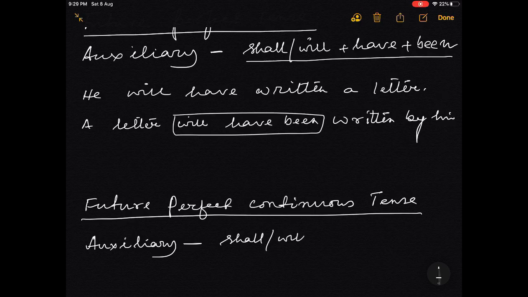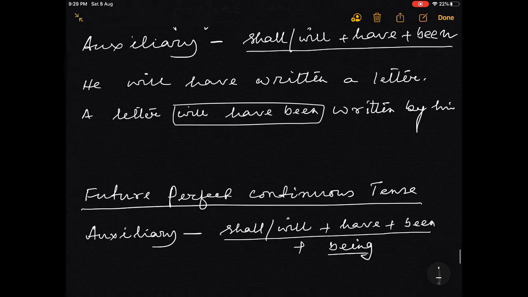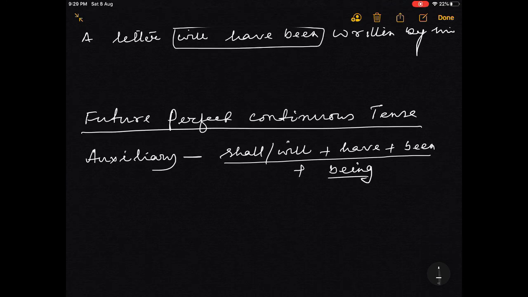Shall, will plus have plus been plus being. Though it is not used in this way in the practical case, for the sake of the perfection of this pattern, you have to learn this.